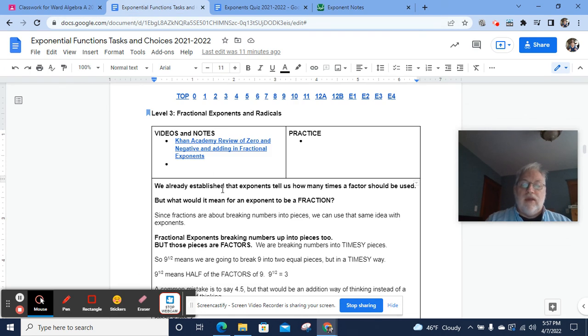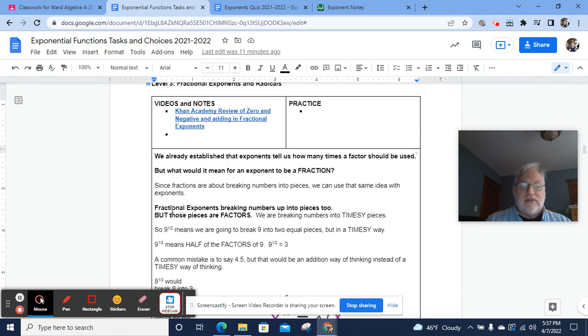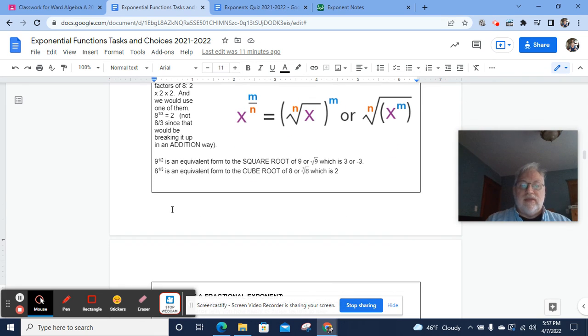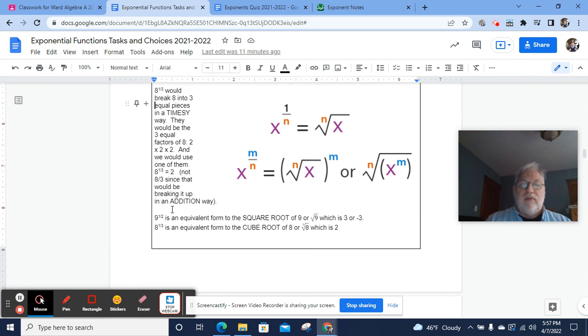I'm going to go here into the fractional exponents section. And there's a little bit of notation here that shows you what I'm talking about. If I have some number, we'll call it x, that's raised to the 1 over n power, what I'm doing is breaking x into n equal factors.